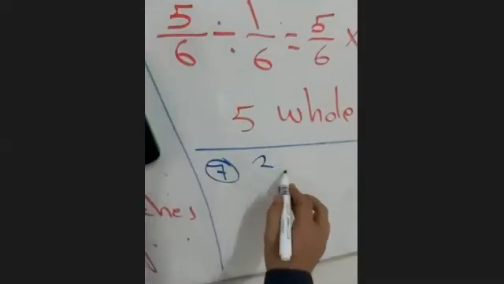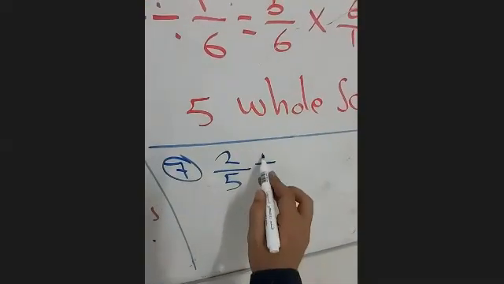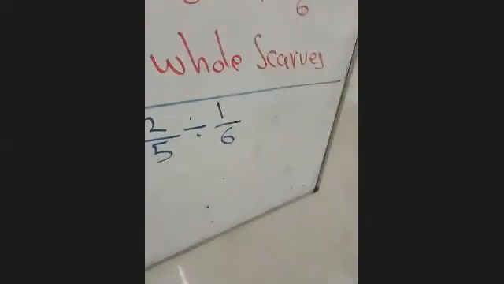The question: what is the value of the expression 2/5 divided by 1/6? What is the value of the expression 2/5 divided by 1/6? Yalla, we have it here. 2/5 divided by 1/6.